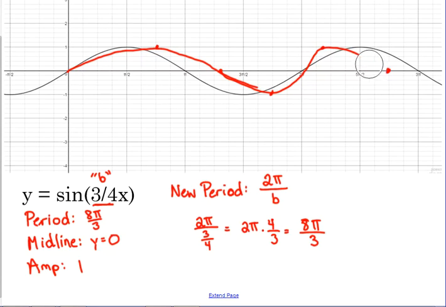No, I was in the right spot. That is where that should be. There we go. One complete cycle from 0 to 8 pi over 3. Stretched it out there. I was getting distracted by the rest of the graph.